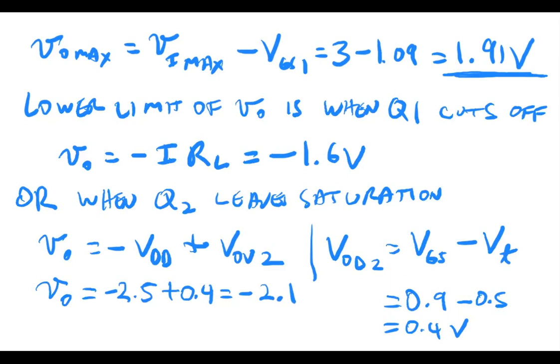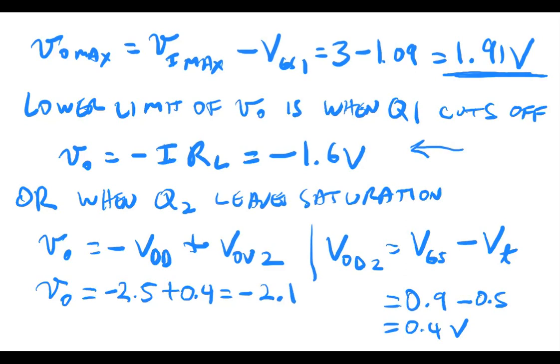But this happens first. So once I get to that limit, it's not going to keep going down to minus 2.1. That's the best I can do on the negative side because it happens first. After that, since Q1 is cut off, I'm not going to be able to drive any lower, and that's going to define my range.